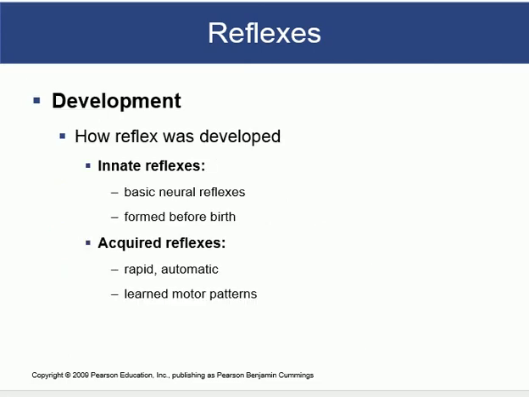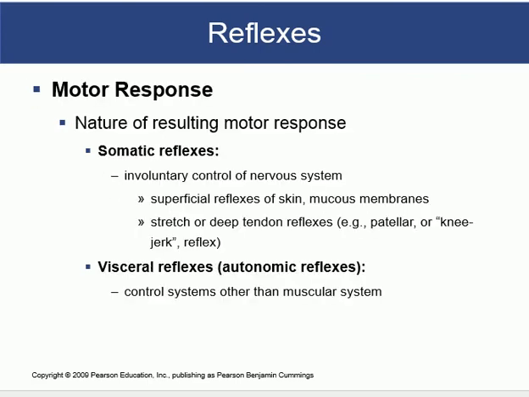The other thing is motor response. Do your skeletal muscles respond or your visceral effectors? So somatic versus visceral. Is it monosynaptic or polysynaptic, and what's the difference? We covered that. In monosynaptic, how many interneurons do you have? None, zero. Polysynaptic, how many interneurons?